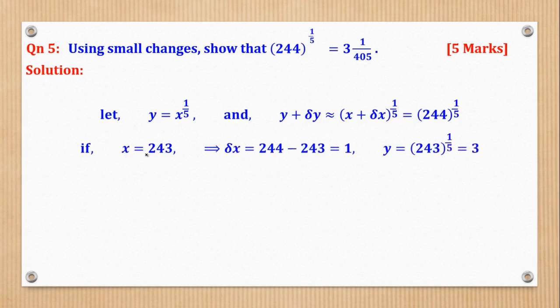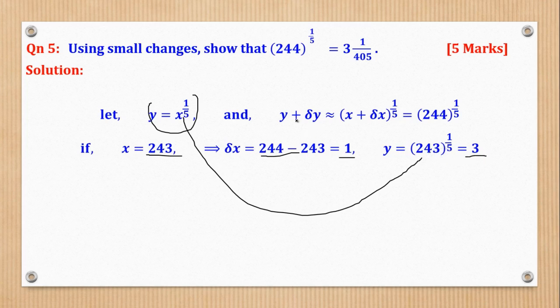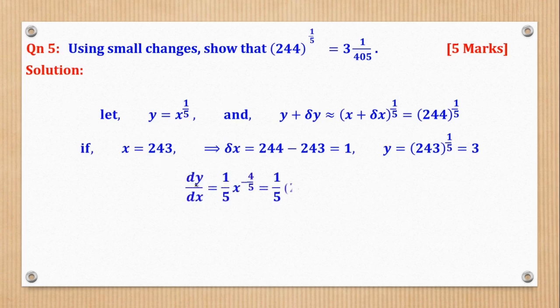So if x is 243, then small change in x will be the difference, which will be 1. And y from here, y will be equal to this, 5th root of 243, which is 3. So we have got the value of y, but we have not yet got the value of small change in x. So to get the small change in x, we shall say that we shall compare it with dy/dx.